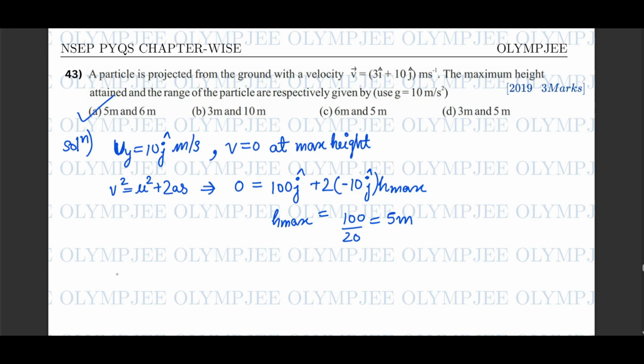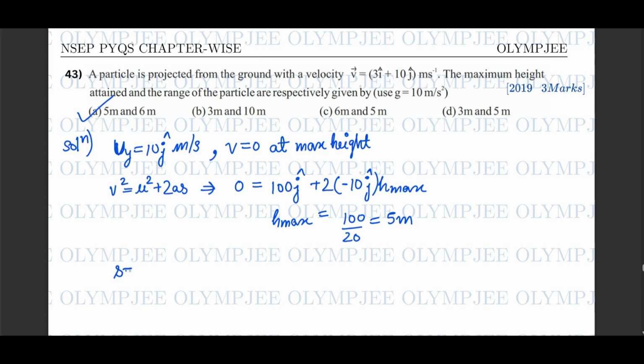I'll also find out the range. The time taken to cover the range will be double the time taken to reach the maximum height. So we'll first find out how much time was taken to reach the maximum height.